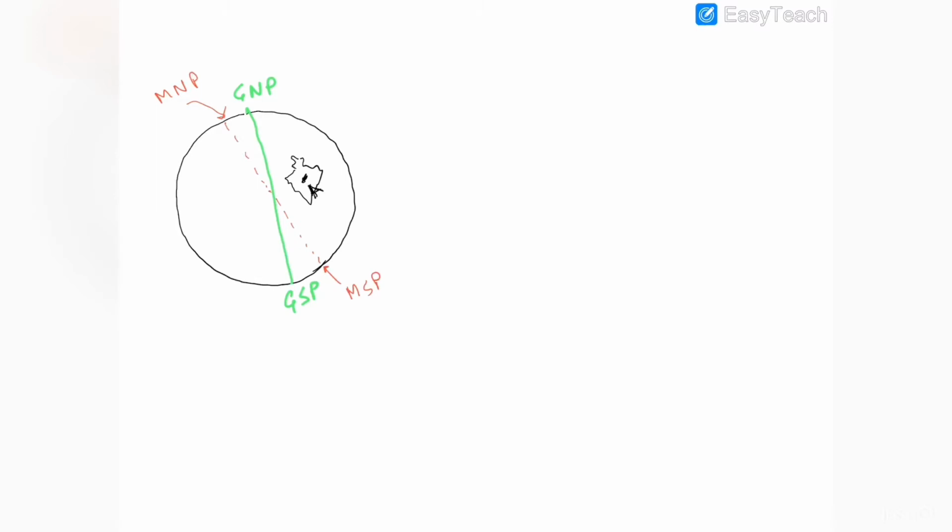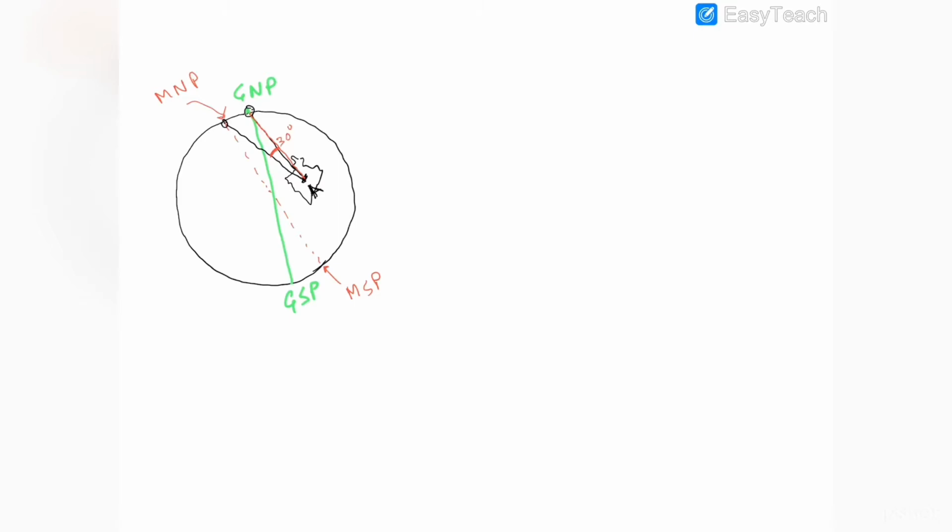The definition is saying that magnetic declination is the angle measured between the line joining the geographical north pole and the line joining the magnetic north pole. So for Indore, the declination angle will be this. Let's say this is 30 degrees. Okay, so this is the declination angle of Indore. The angle between the line joining the geographical north pole with Indore and the magnetic north pole with Indore.